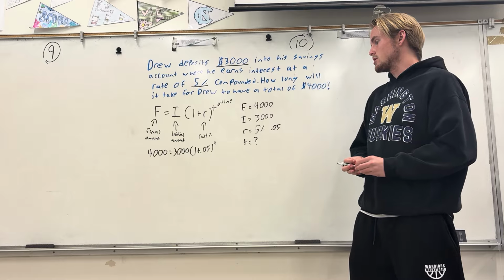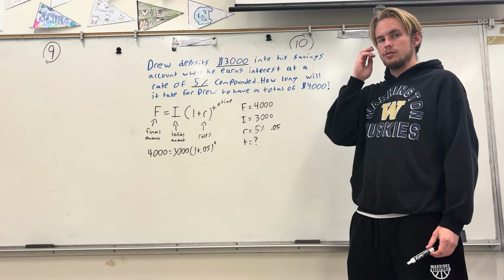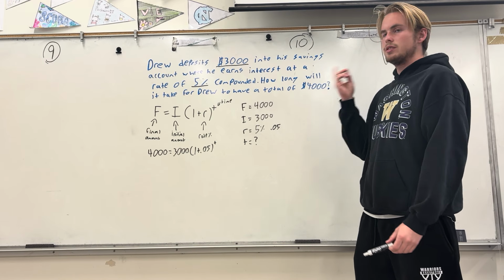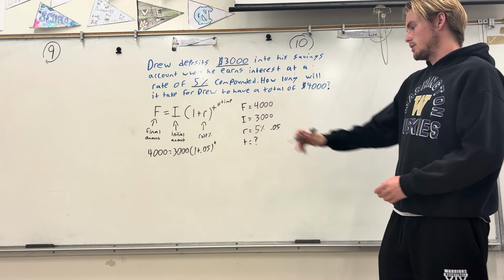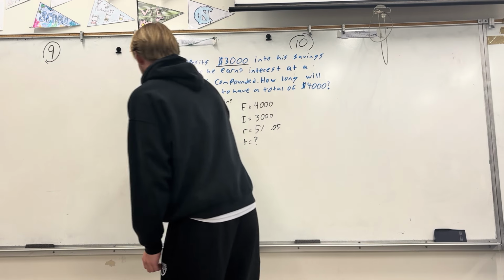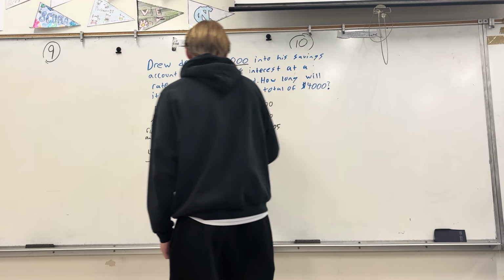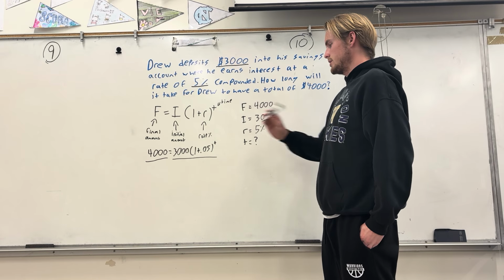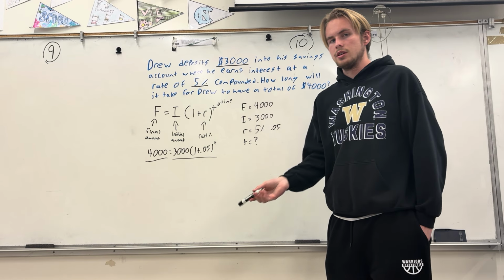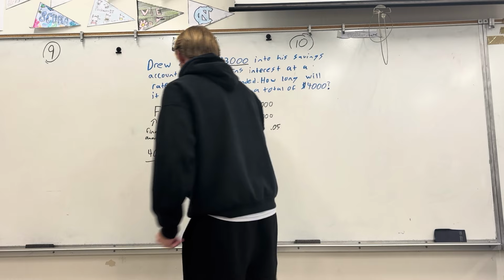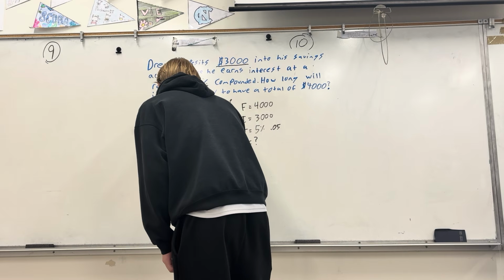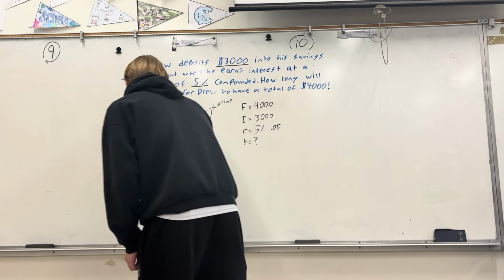So how do we get this to a point where logs are going to be useful? We got to do just one thing pretty much. We got to get rid of this 3,000. So how do we move this 3,000 over to the left side? To do that, we just divide both sides by 3,000.